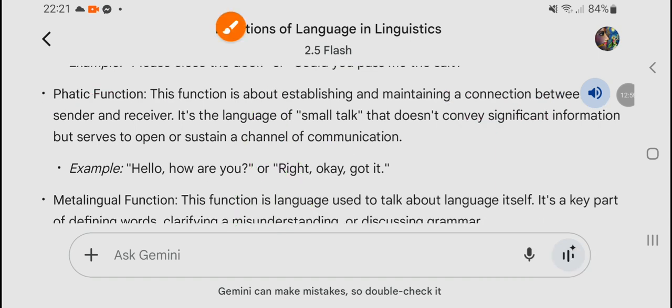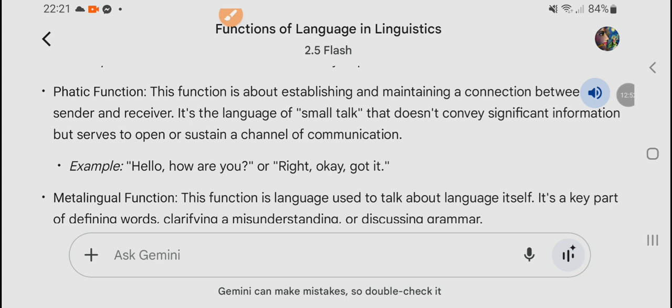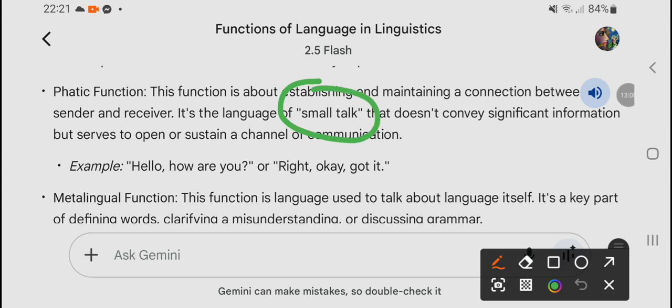For example, the function is about establishing and maintaining connection between sender and receiver. It is the language of small talk, sometimes not even a full sentence, and it does not convey significant information.